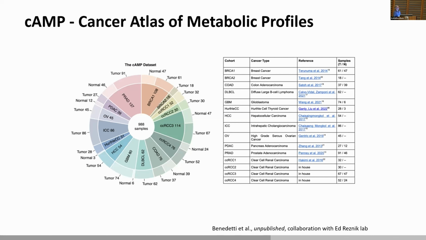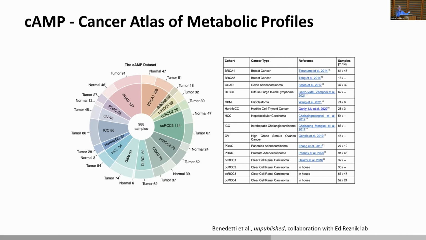And we put it all together, some of our own data in there as well, and have this catalog of about 988 samples with metabolomics, transcriptomics, some tumors, some normal tissue, that will soon be free, and then you can analyze whatever you want. As you probably know, clinical data is very hard to consolidate across different cancer types, but at least these molecular data will be all free.